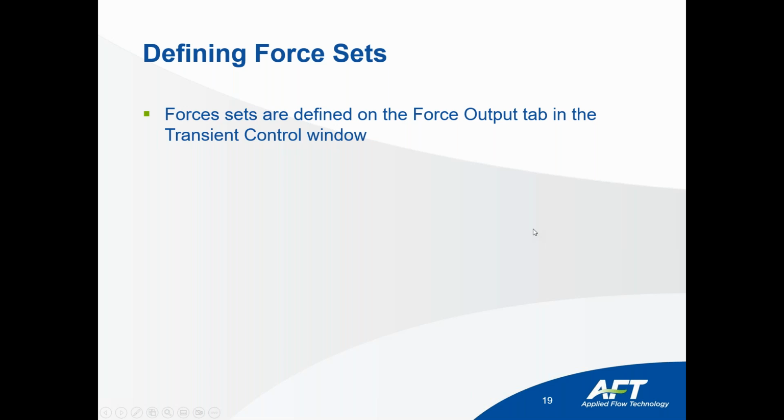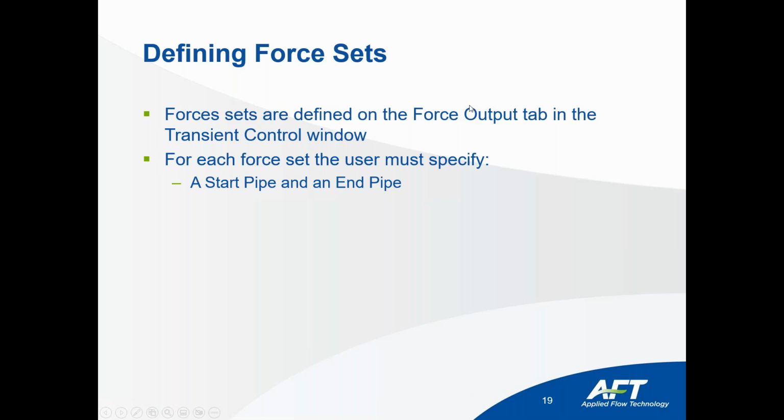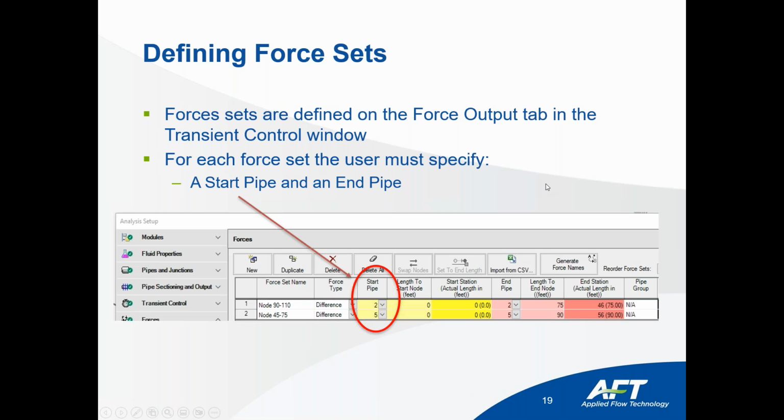Force sets in Impulse are defined at the Output tab in the Transient Control window. For each force set, the user must specify a start pipe and an end pipe. So here we have two force sets that we're going to create: 90 to 110 and 45 to 75.